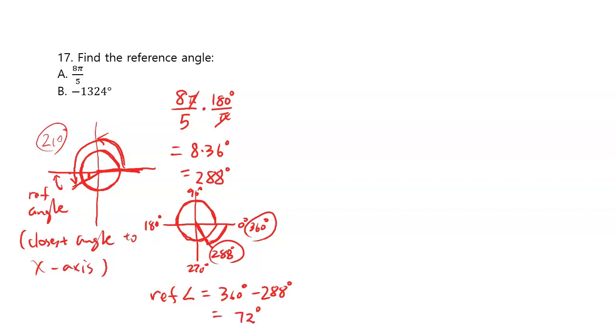72 degrees. Okay? Now 72 degrees will have to be changed back to radians because the original question was in radians. So you have to multiply this by pi over 180 degrees. That's how you change back to radians. Degrees cancel.